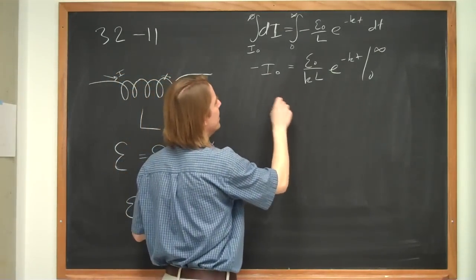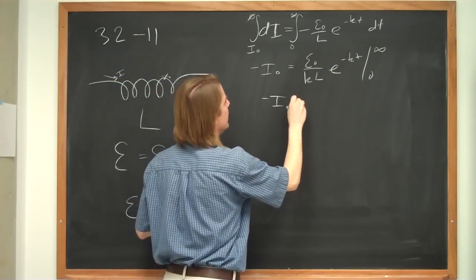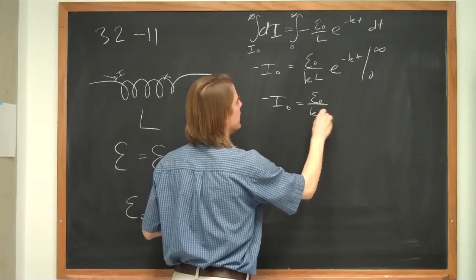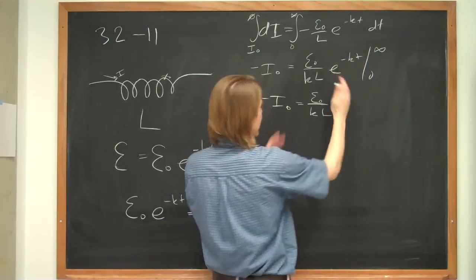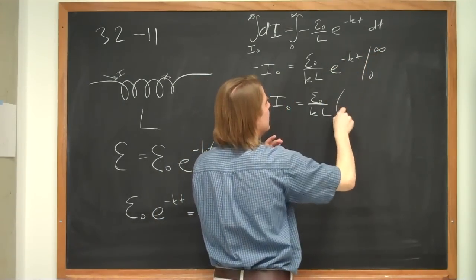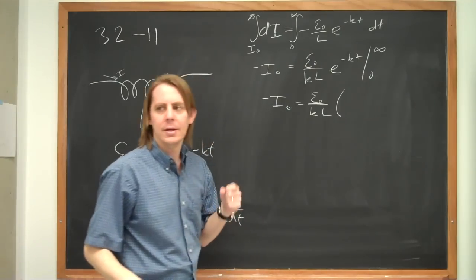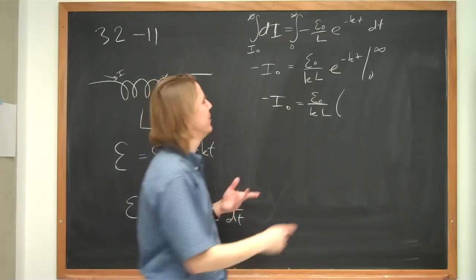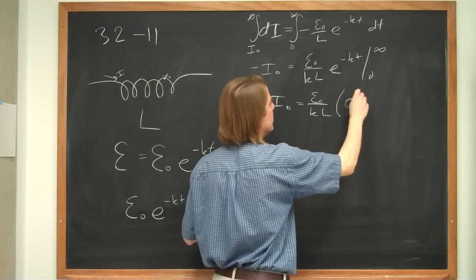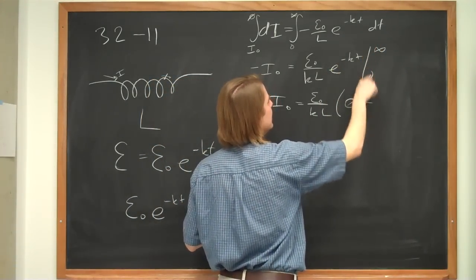So we have minus I₀ equals E₀ over kL, and we do the limit just on the exponent. e to the minus infinity is 0, because e to the minus something is 1 over e to the something, and e to the infinity is a big number, so 1 over a big number is 0. Minus e to the 0 is 1.